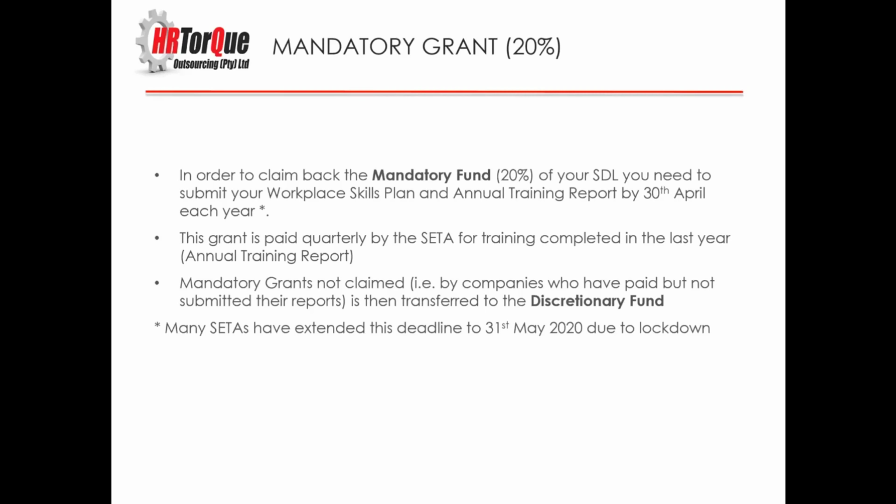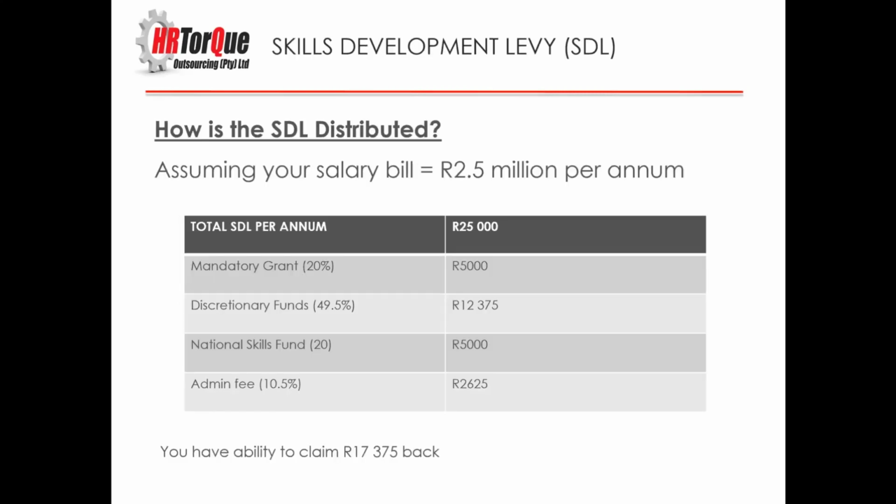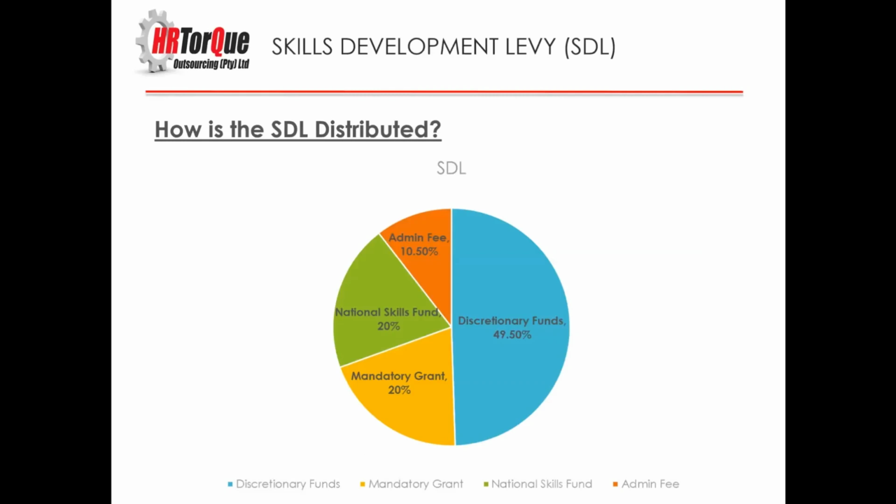Going back again, 49.5% of your 1% is available for you to claim back within the discretionary fund. There's 20% that, if everybody is claiming for it, is available to be paid out to every single employer that has paid the money, but that's not the case. So 20% of a lot of employers is now transferred into your discretionary fund.